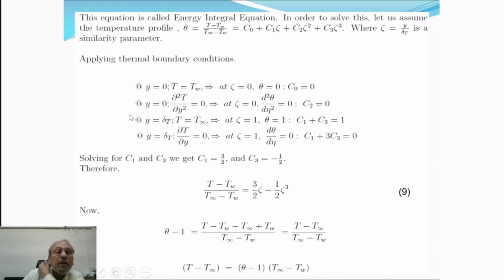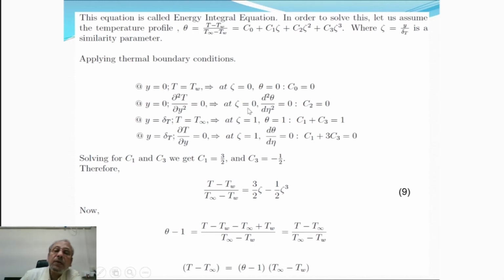Then at y equal to 0, del 2T del y2 equal to 0. This is again from the governing equation: u del T del x plus v del T del y equal to k by rho Cp del 2T del y2. Since u and v on the plate are 0, at y equal to 0 we can write del 2T del y2 equal to 0.